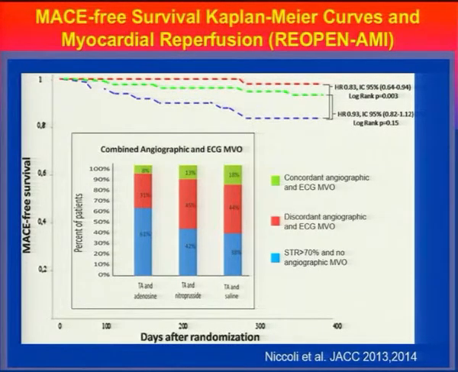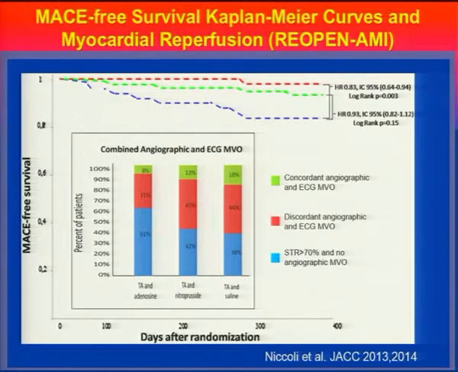Here, this is adenosine, this is nitroprusside, and this is the saline as a placebo control. And you can see the resolution of the ST segment elevation is higher in the adenosine group.